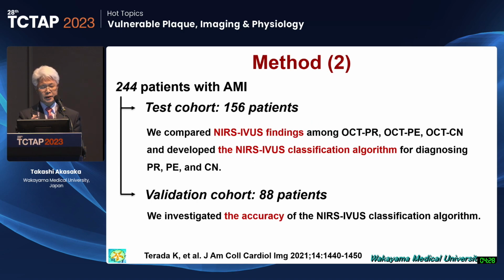We divided these culprit lesions into 2 cohorts. One is 156 to develop the NIRS-IVUS classification algorithm for diagnosing the cause of ACS, and based on this classification, we did the validation cohort, as shown in this slide.